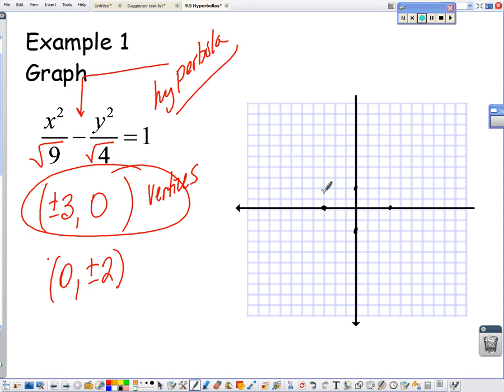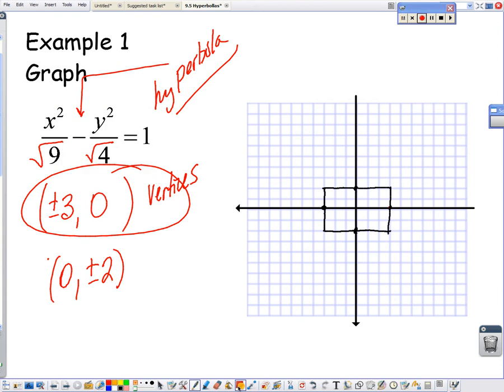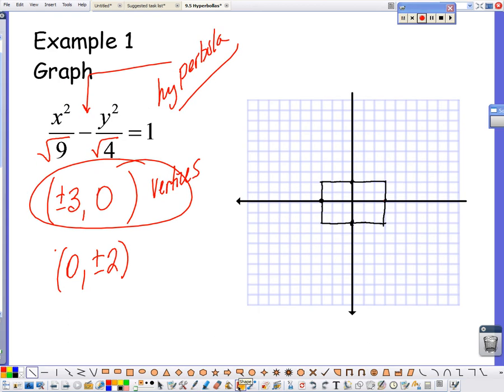The box is going to encompass those points, so we draw across here so we intersect where we drew our lines. After you draw the box, and I would suggest using a straight edge, your asymptote is going to be, and we want these to be dotted lines.